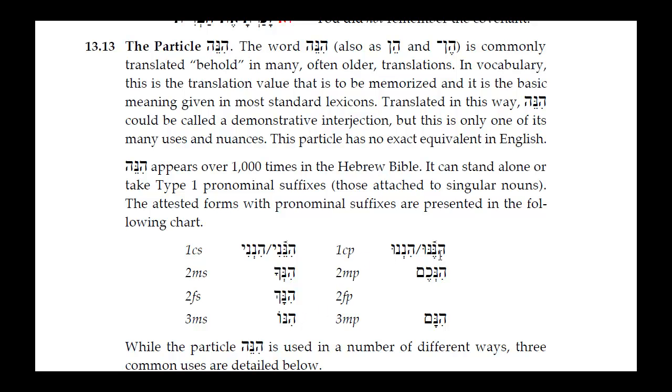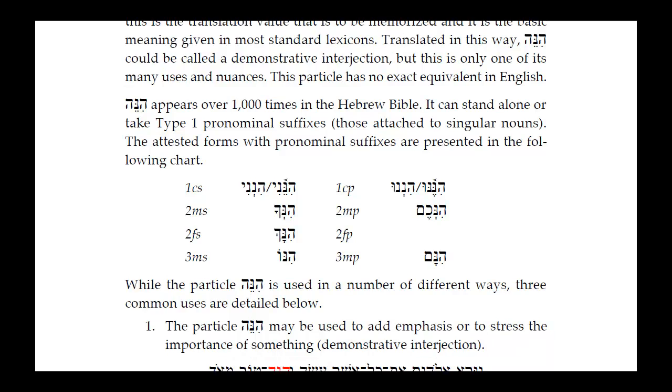And then you have hinenu, or hinu, and then hinechem for the second masculine plural. There's no attestation for the second feminine plural in the scriptures, and hinam for third masculine plural. These are the forms that were attested, found in the scriptures in those forms.